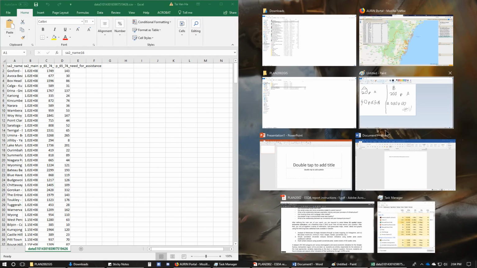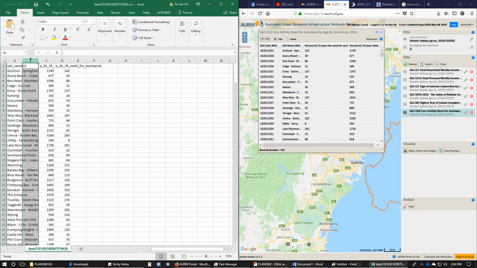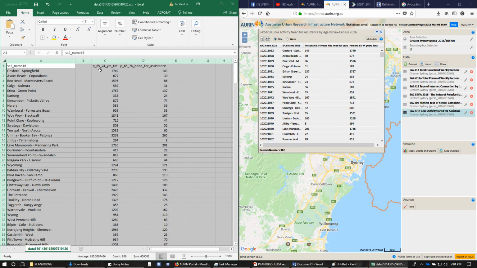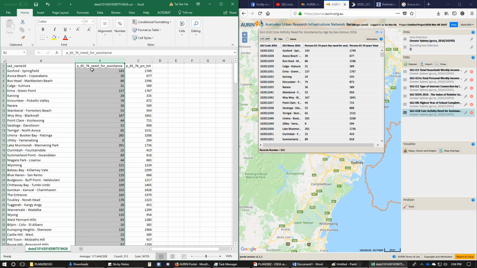Okay, that and that, so get rid of that. Get them in order. So we've got the 65 to 74 need assistance, and we've got the total people that are aged between 65 and 74.